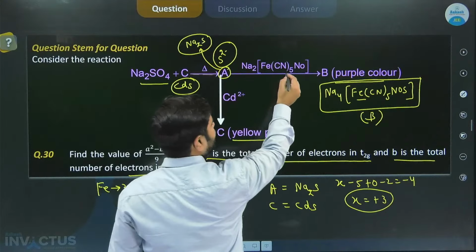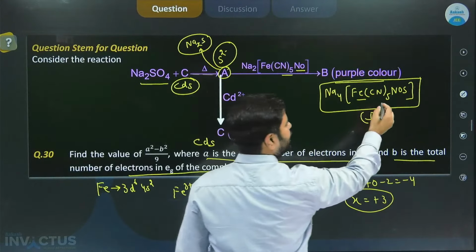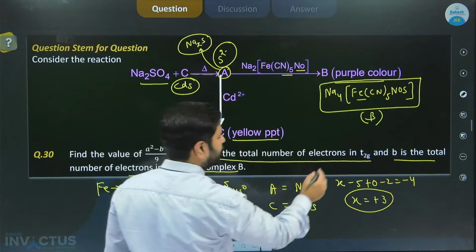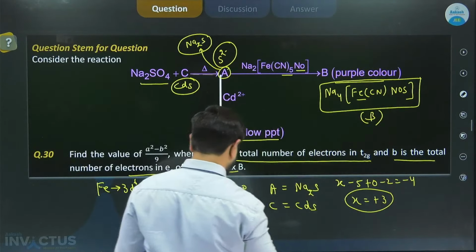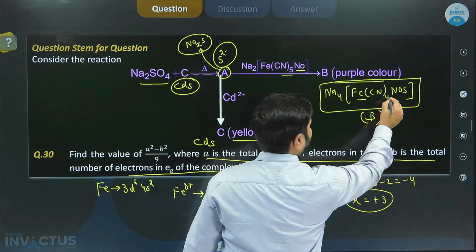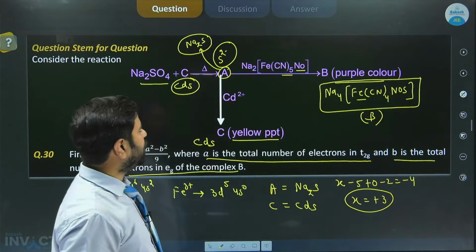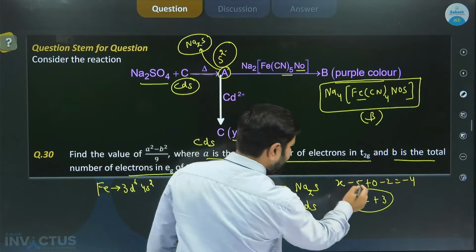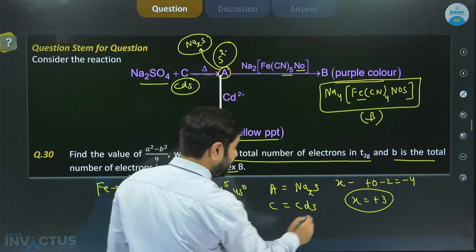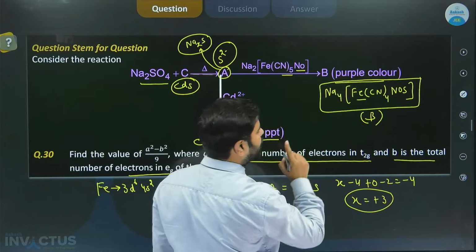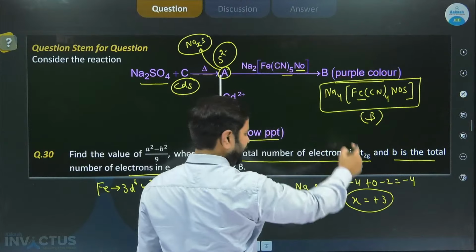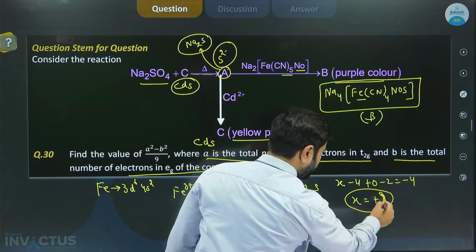Here the coordination number is 5 plus 1, 6, so the coordination number has changed. So we have to remove one CN for making the coordination number the same. That is the concept for the complex compound. So the charge would be minus 4. We cannot change the coordination number once sulfur is introduced into the complex, so the oxidation state would be plus 2.